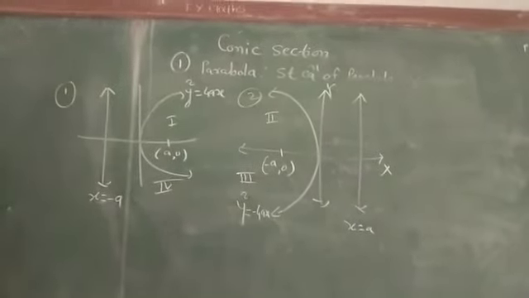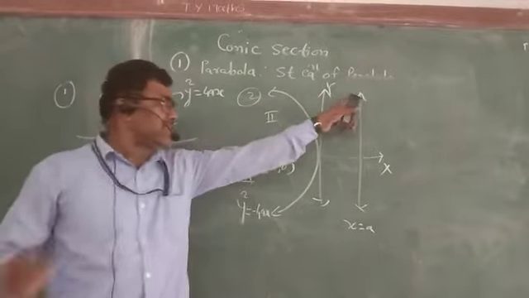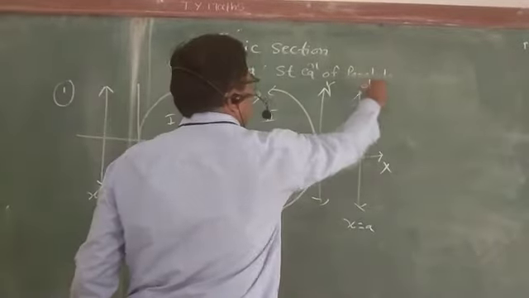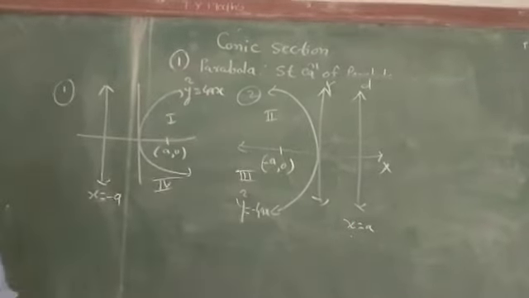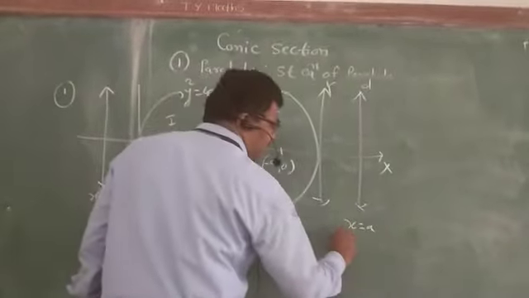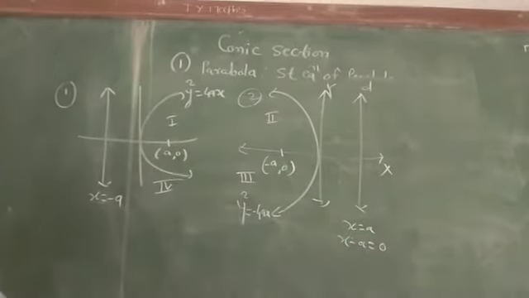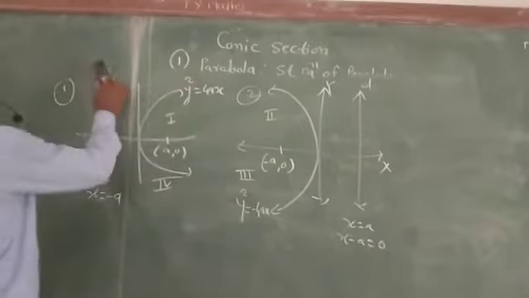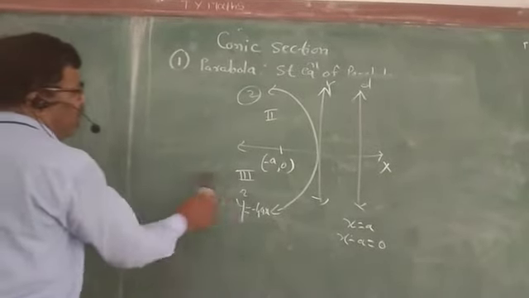See these two parabolas and directrix. Equation of directrix is x equal to A, that is x minus A equal to 0.